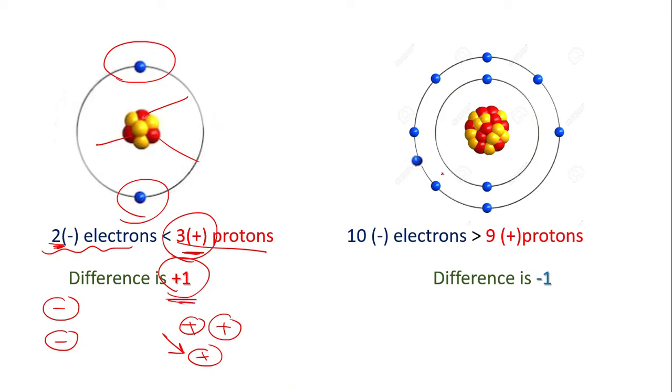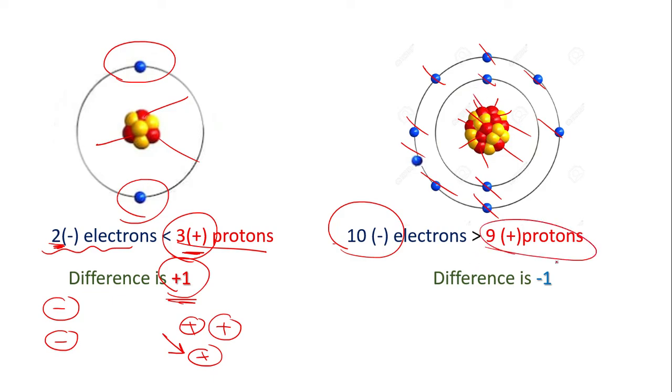What about the difference here? 1, 2, 3, 4, 5, 6, 7, 8, 9, 10. I have 10 electrons, and inside I still have my 9 protons. 1, 2, 3, 4, 5, 6, 7, 8, and where is the 9? I missed it. Yeah, here it is. 9. So I still have my 9 protons.